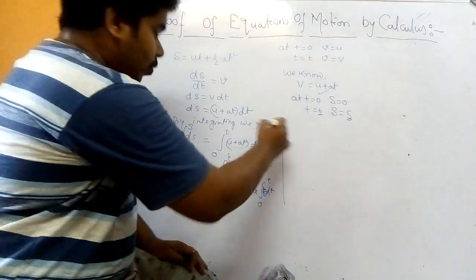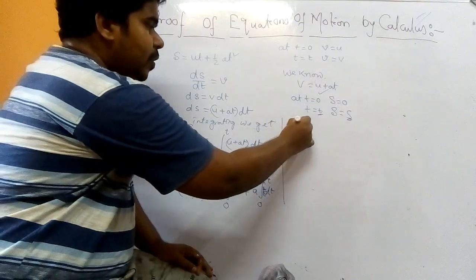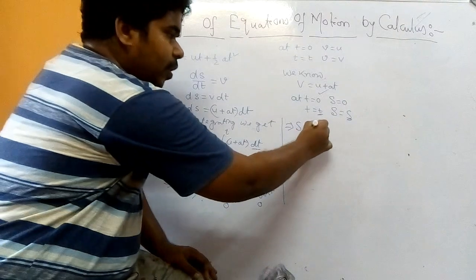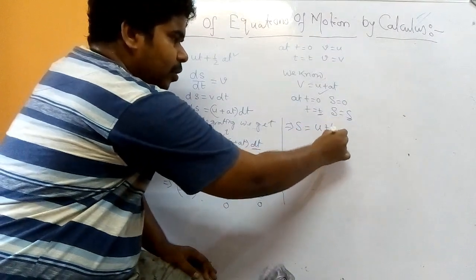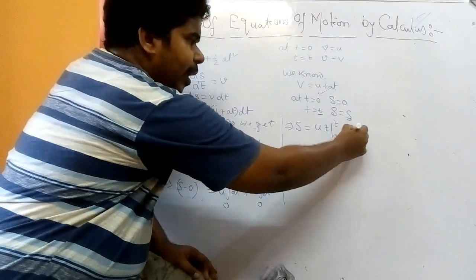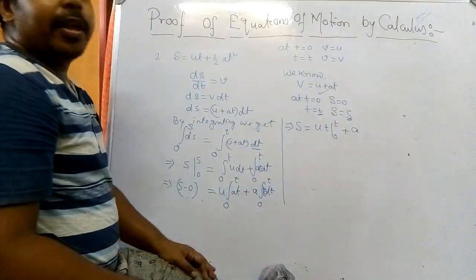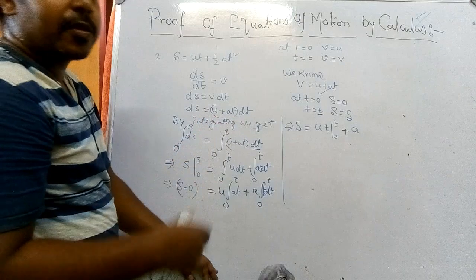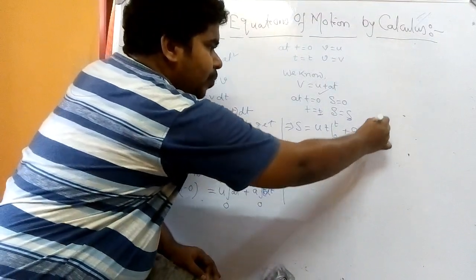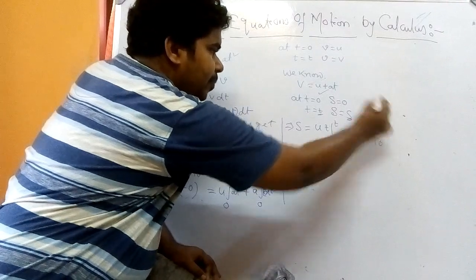Coming this side, integration of dt. So here it is s minus 0 means s, u integration of dt means u into t, its limit should be 0 to t, plus a into integration of t dt means integration of x dx, simple thing, it is t square by 2, and limit should be 0 to t.